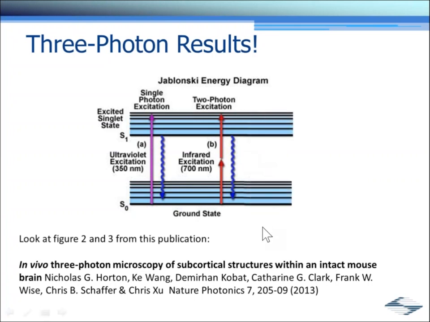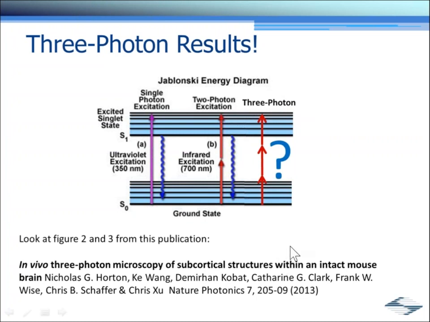But what if we extend this graph a little bit, and instead of two photons, we take one, two, and then three. In other words, we're going to take three photons of a third of the energy each, and try to hit the molecule at exactly the same time. So the effect would be similar to two photon imaging. However, the excitation wavelengths would need to be much longer.